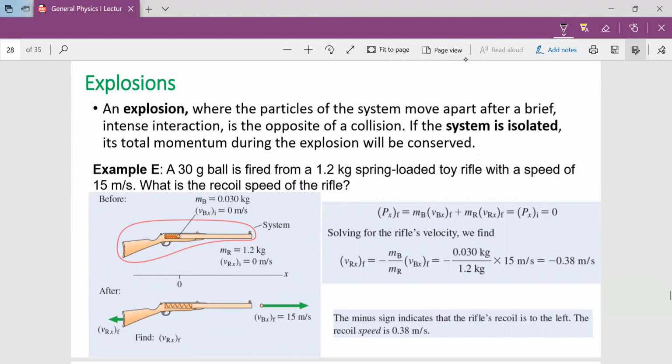But our focus is on an isolated system, and by that, we simply mean a system where the net external force is 0. So we see an example we saw in the lab, the sudden expansion of a spring that brought about the kind of reaction we got for those two carts.